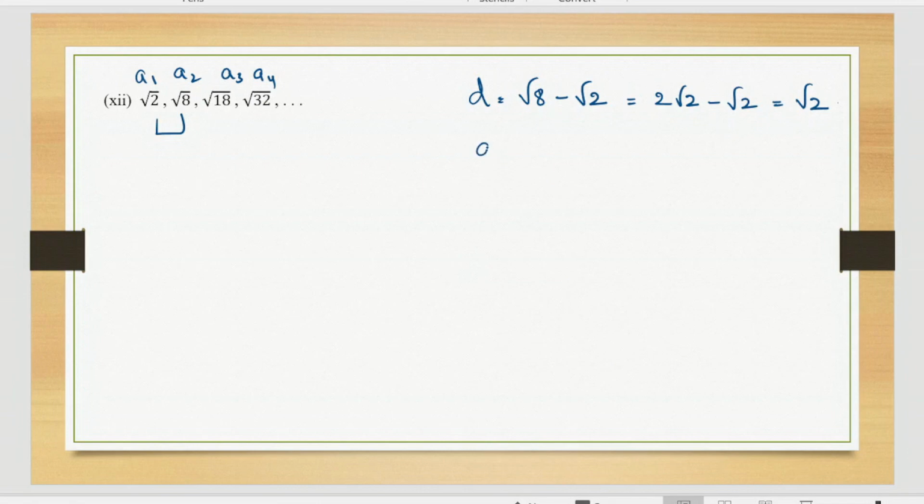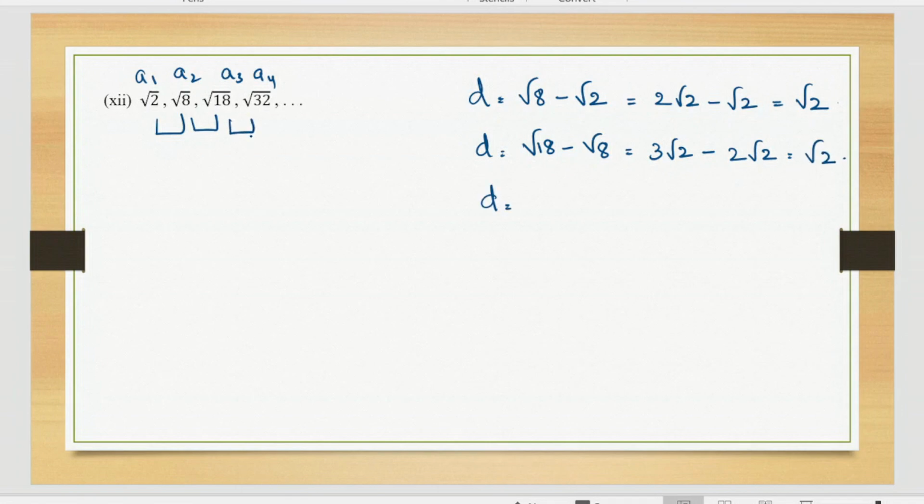So the next common difference is nothing but a3 minus a2. a3 is root 18 minus a2 is root 8. So root 18 can be taken as 3 root 2, and root 8 can be taken as 2 root 2, which is 3 root 2 minus 2 root 2, is root 2.